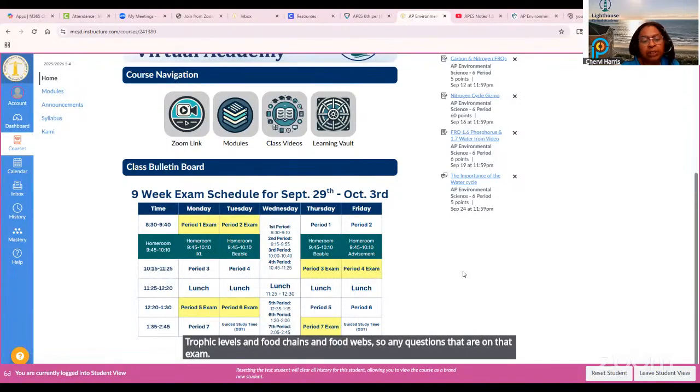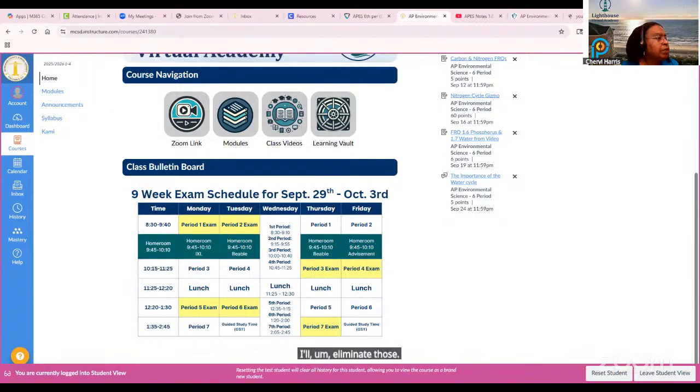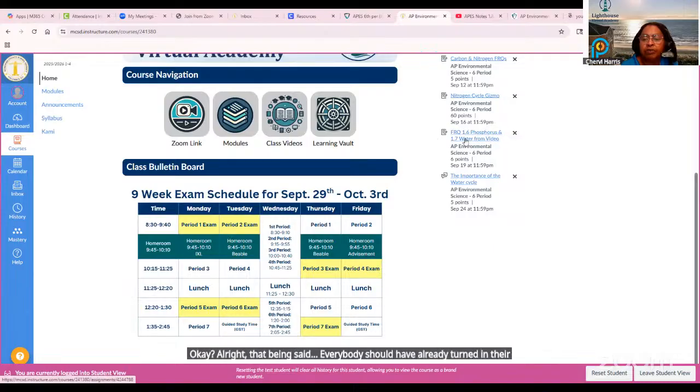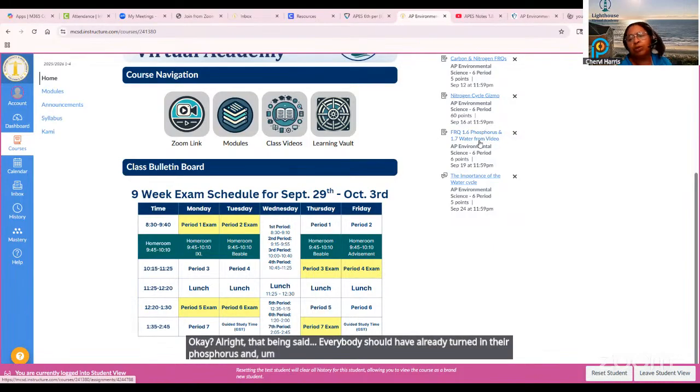But it will be everything up to 1.8. Okay. All right. That being said, everybody should have already turned in their phosphorus and water cycle FRQ. That was the last assignment that you had.